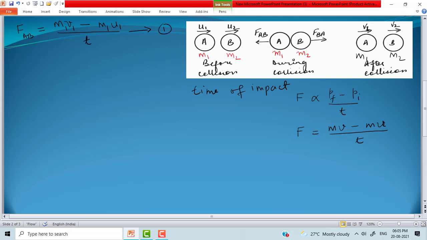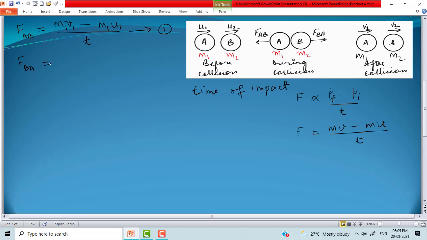Now let us consider the second body, the ball B. The force on B is FBA. FBA is the rate of change of momentum, which is the change in momentum divided by time.